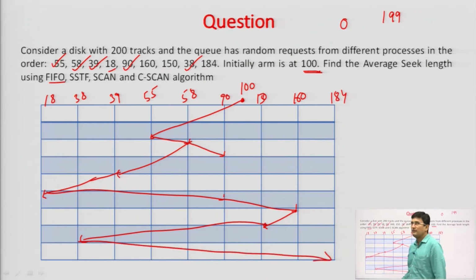So, this is the order in which the requests are satisfied according to the first come first serve scheme.